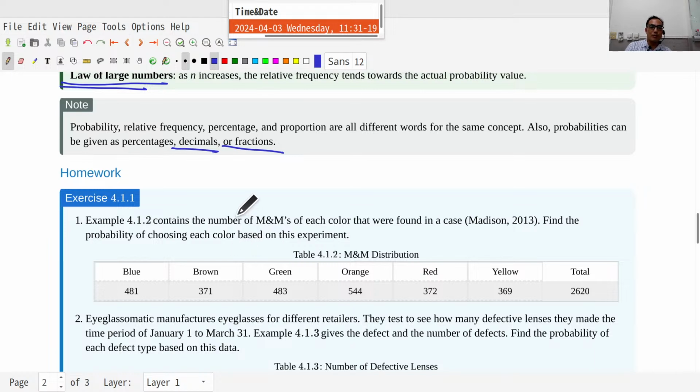Exercise 4.1.1. Example 4.1.2 contains the number of M&Ms of each color found in a case. Find the probability of choosing each color based on this experiment.